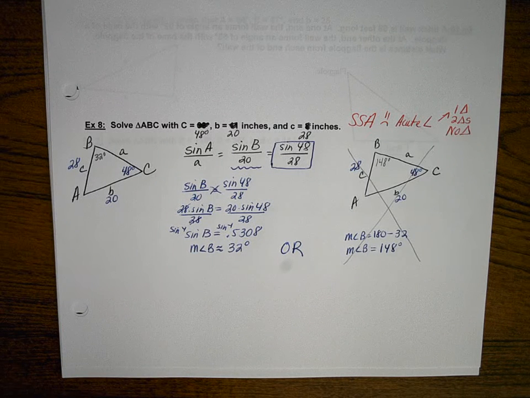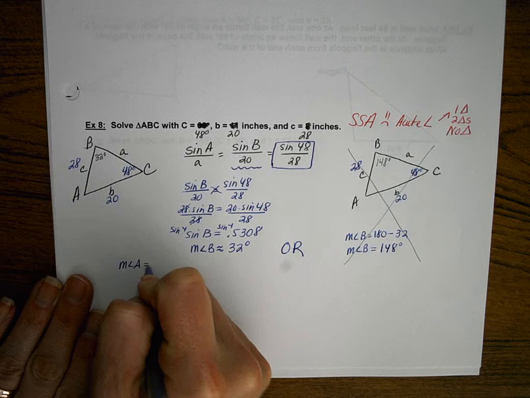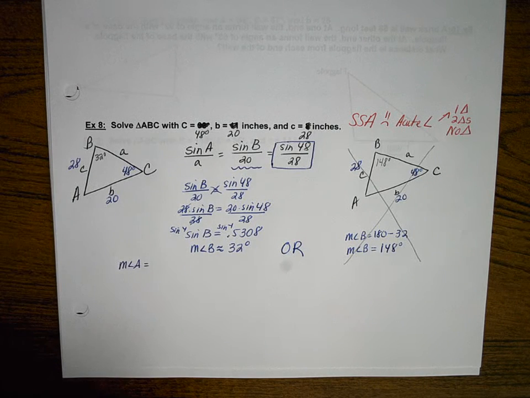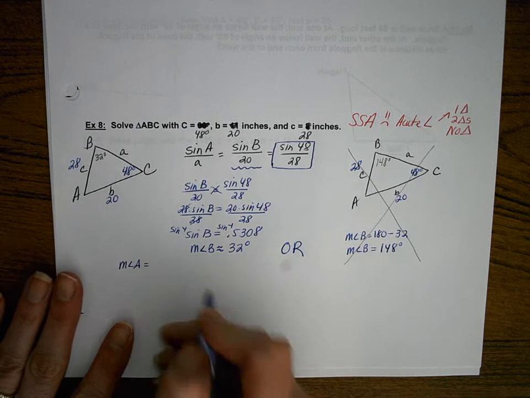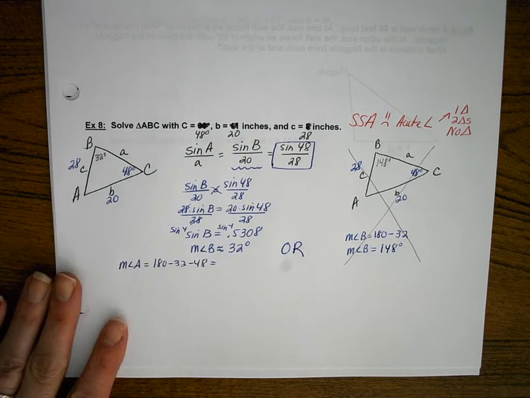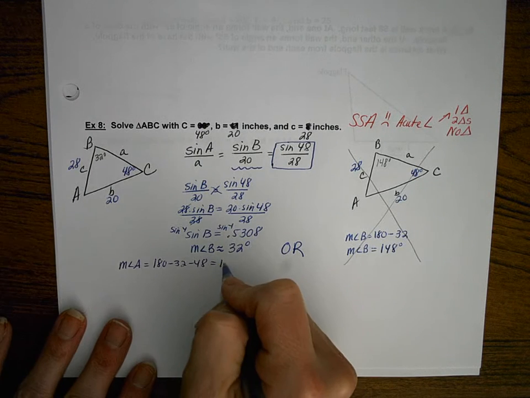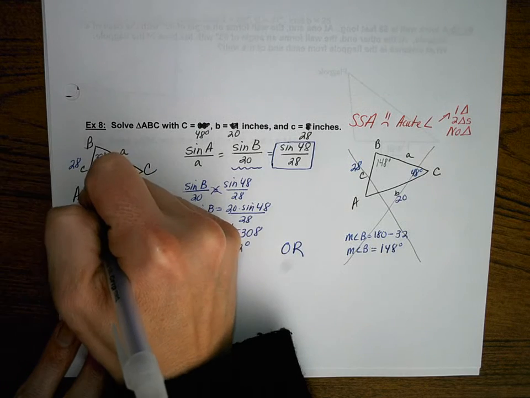Oh yeah, angle A. How am I going to find that angle A? From 180, you bet. 180, take away the 32, take away the 48. What do we get? 100. All right, so angle A is 100.